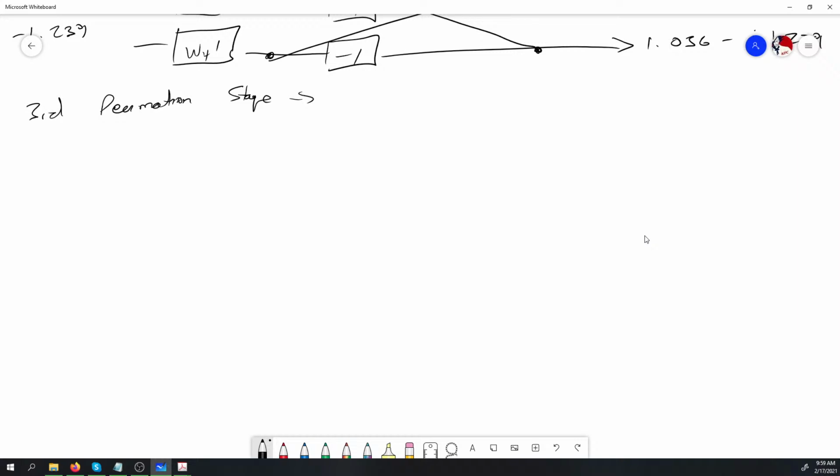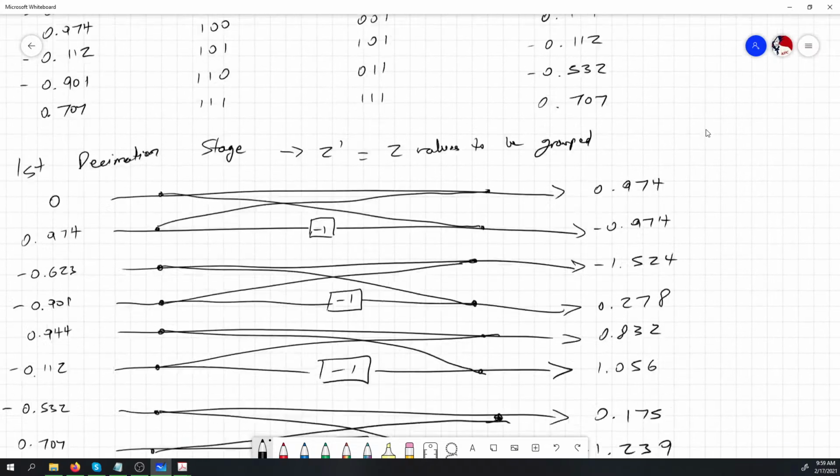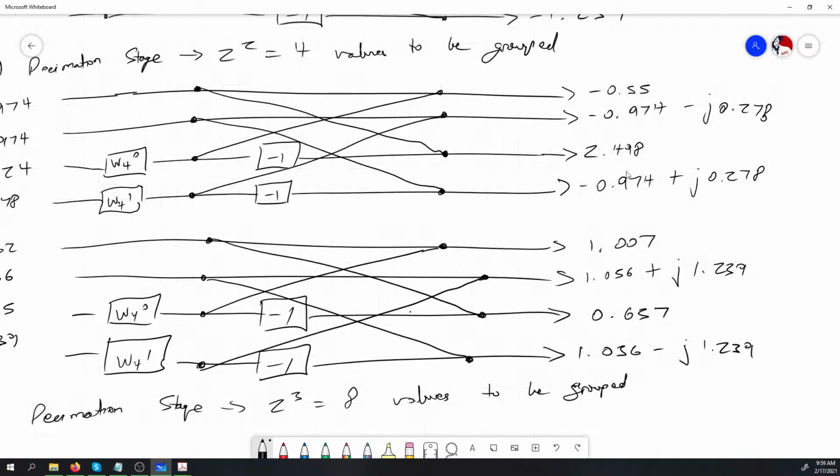Which is 2 to the 3, which means that's 8 values to be grouped. So we take the output of our second decimation stage here, and we put this as the input to our third decimation stage.